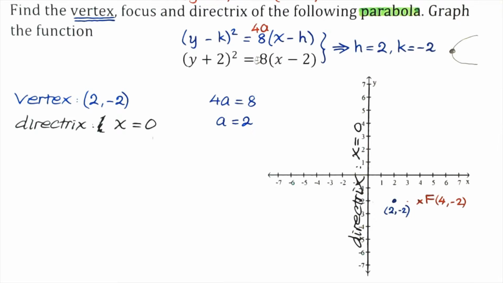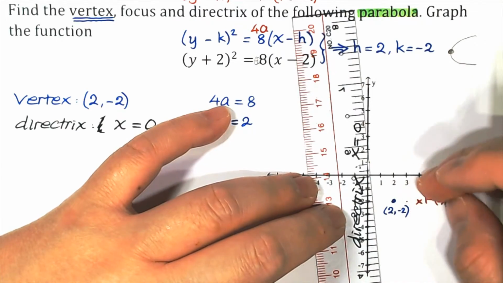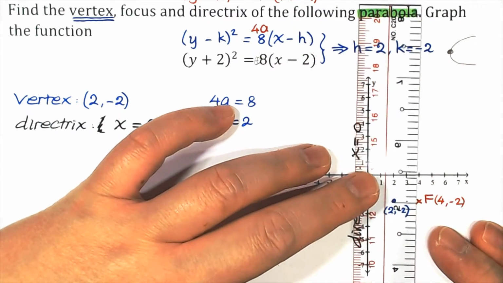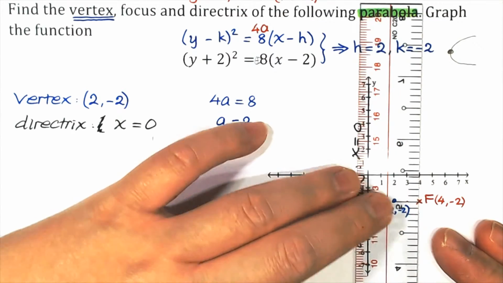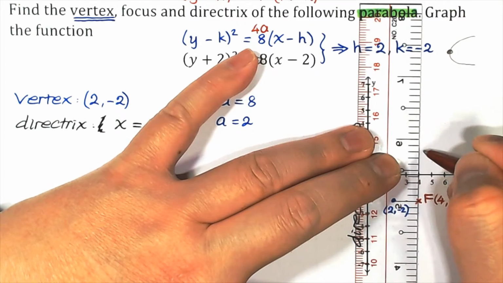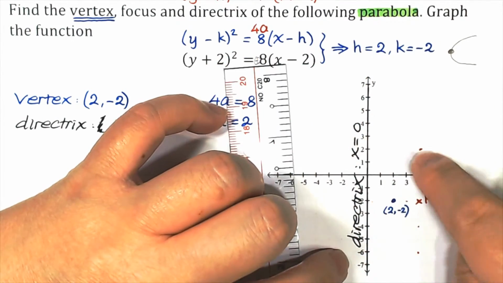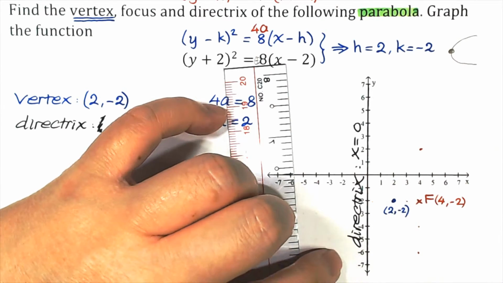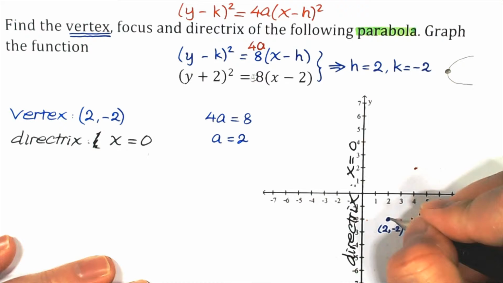To know how wide the parabola is, we also know that through the focus, the length of the latus rectum is equal to 4a. So from the focus it's going to be 2 times a either way, and the parabola should pass through those two points. So if we sketch, it will be like this.